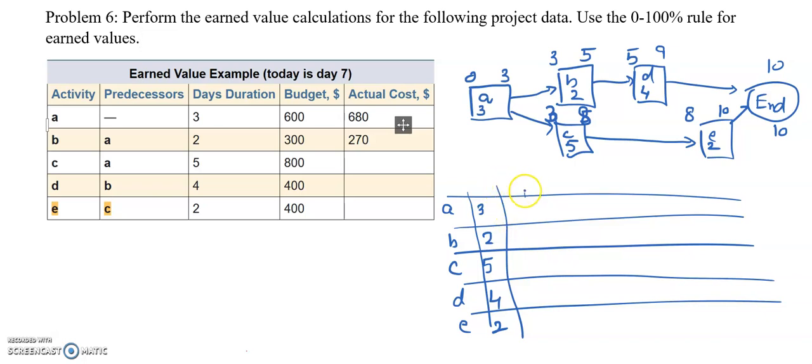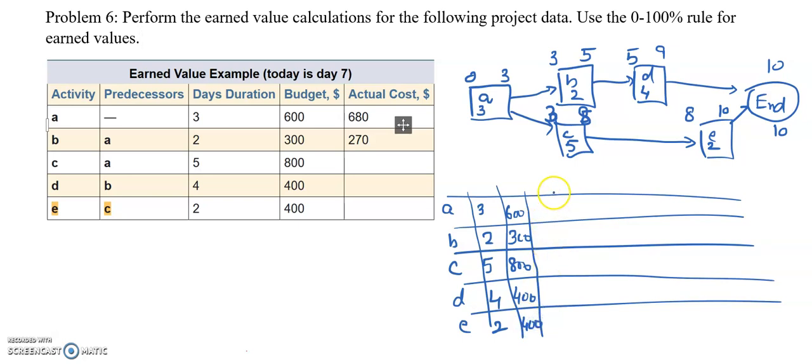The budget is 600, 300, 800, 400, and 400.